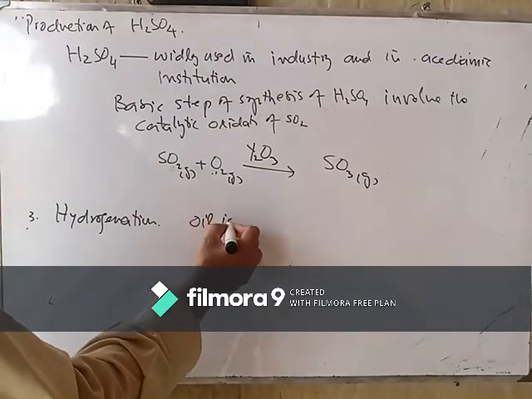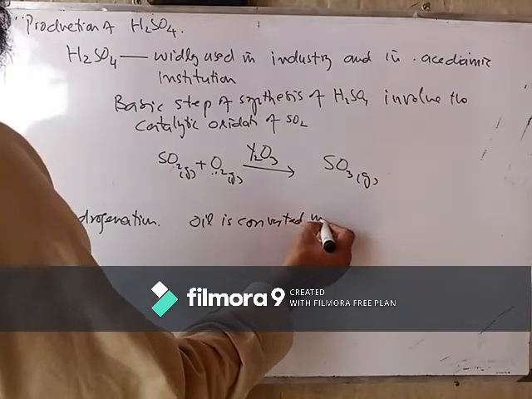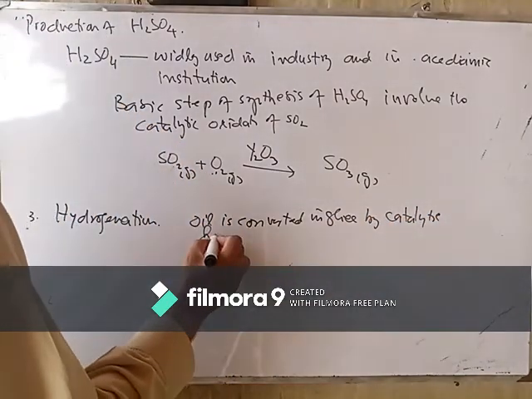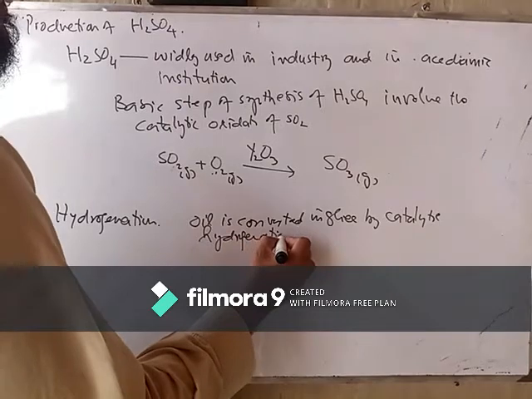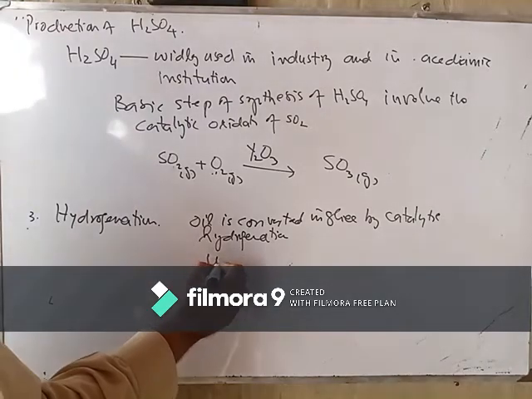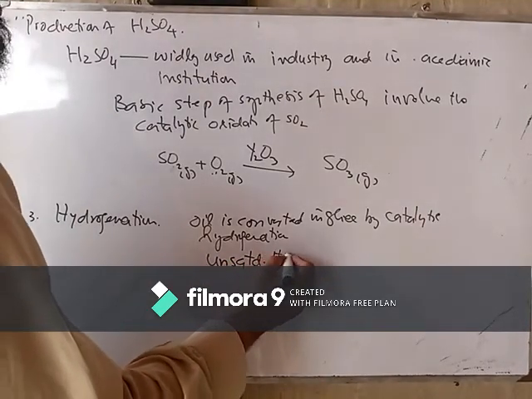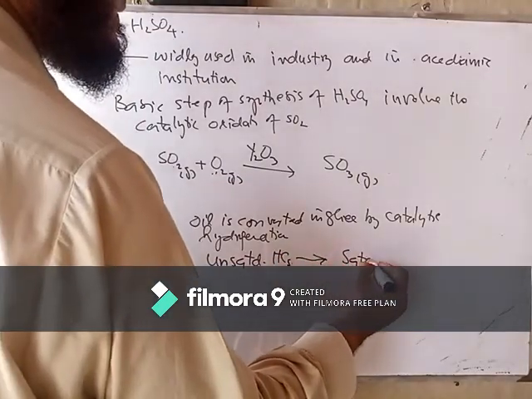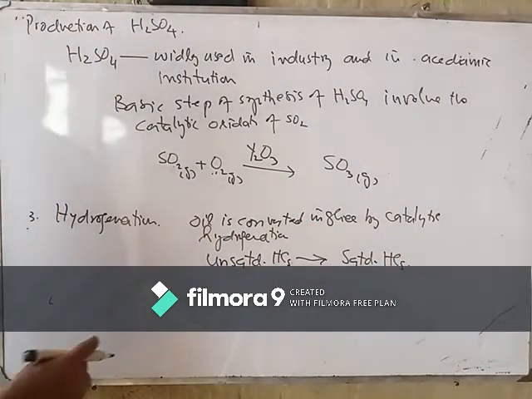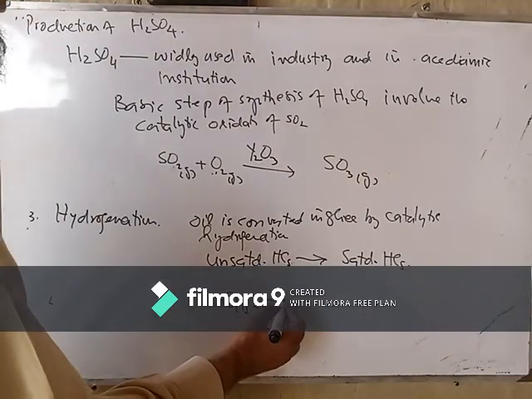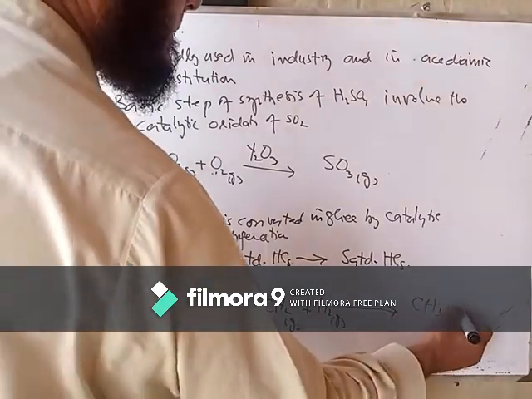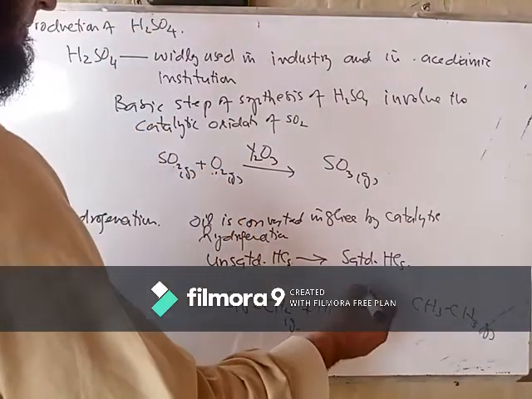Oil is converted into ghee by catalytic hydrogenation reactions, जिसमें अनसैचुरेटेड हाइड्रोकार्बन्स को सैचुरेटेड हाइड्रोकार्बन्स में कन्वर्ट करते हैं using the catalyst. फॉर एग्जांपल, मोस्ट कॉमन एग्जांपल अगर हम ले लेते हैं C2H4 गैस फेज रिएक्शन को और हाइड्रोजन, it gives ethane, निकल कैटलिस्ट की मौजूदगी में.